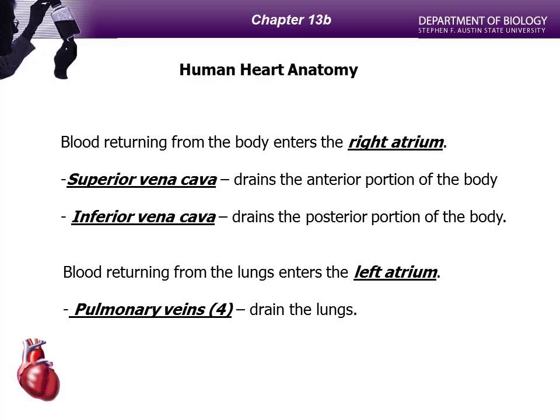But when you hear pulmonary, the colors are reversed. So our pulmonary veins are the brightest red, the richest oxygenated blood in any vessel in the body because they have just left the lungs where they gave off carbon dioxide and picked up oxygen. So they're bringing back this highly oxygenated blood to the left atrium.